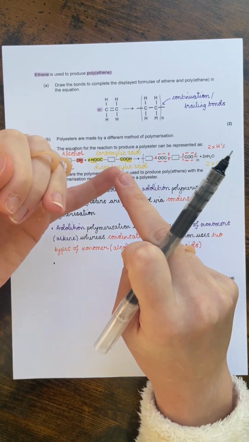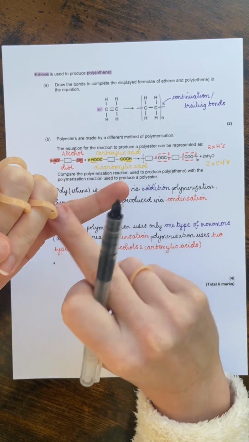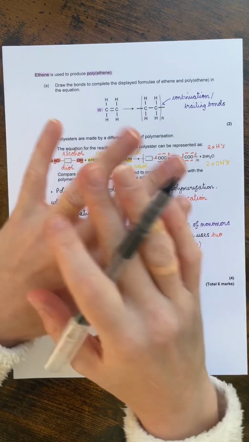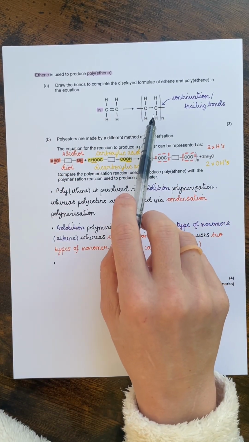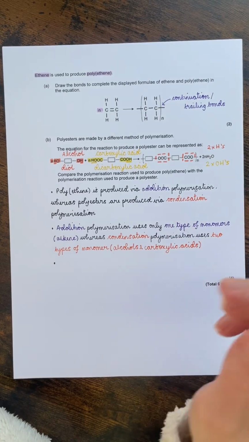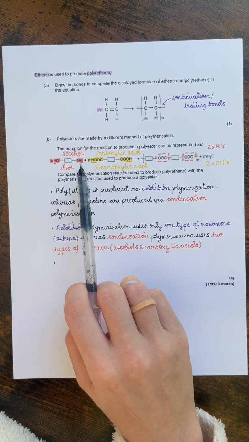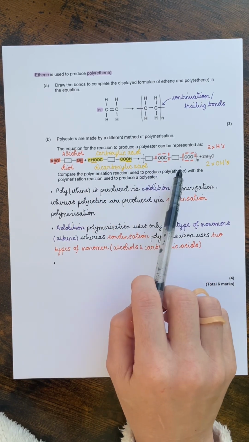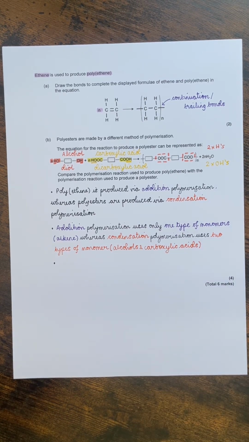Nothing is being swapped off, nothing is being kicked out, there's no substitution, there's no elimination, it's just two things becoming one. So the addition polymer will be the only product there, whereas in condensation polymerization, we've discussed where the waters are coming from. We have to remove those atoms in order to form the ester linkage. So as well as getting the polyester, we get water. So that's another difference in the number of products that we get.